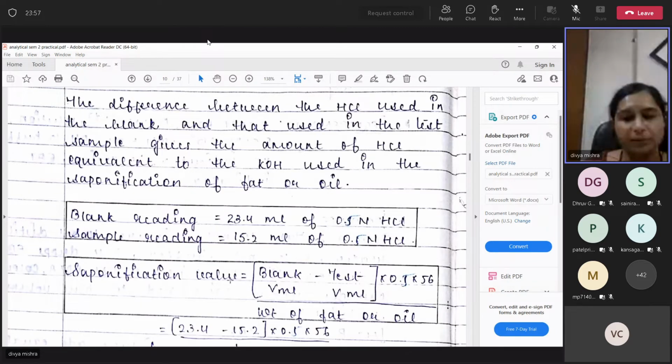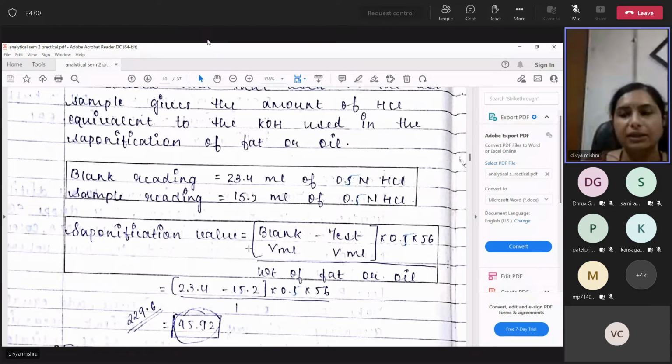The formula for the saponification value will be the blank volume minus the test, that means Y minus X, multiplied by the normality of the acid, that is 0.5, multiplied by the molecular weight of KOH, which is 56 grams per mole, and we will divide it by the weight of the fat or oil which we have taken.